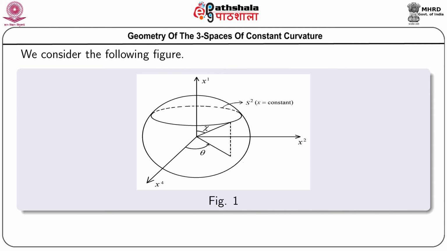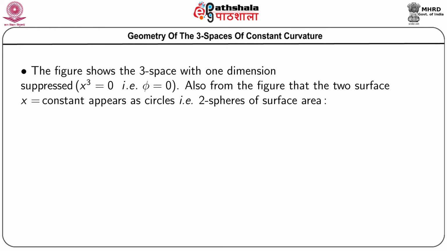So, this is the figure for the previous line element, and the space structure is like this. The θ, χ are the angles, and this is a sphere. The figure shows the 3 space with one dimension suppressed, that is x3 equal to 0, that is φ equal to 0.